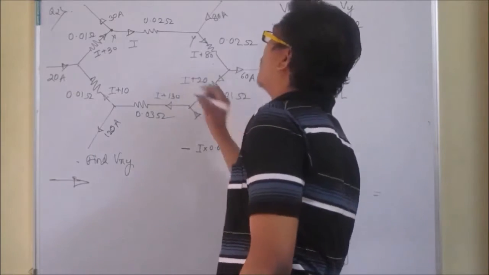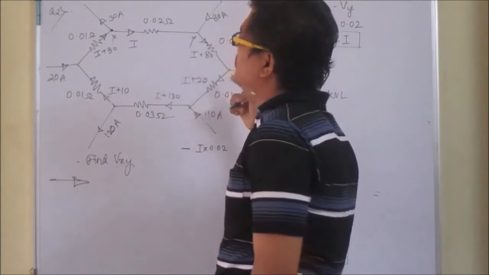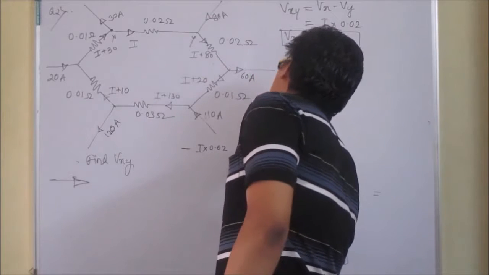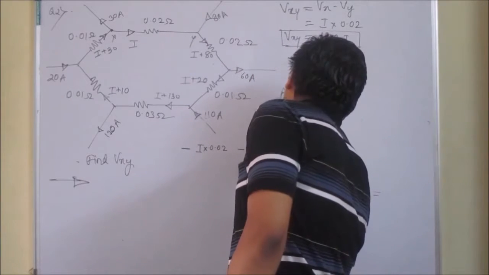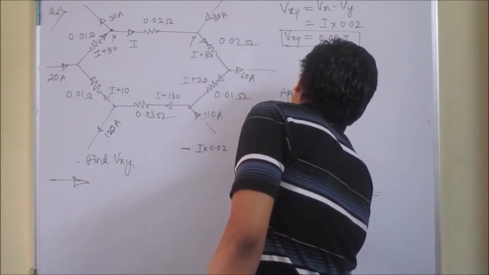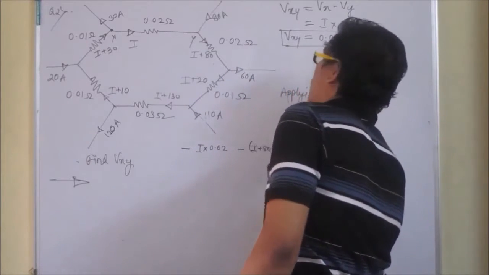0.02. Again current is going through a resistor, then minus I plus 80 current through that resistor into 0.02.